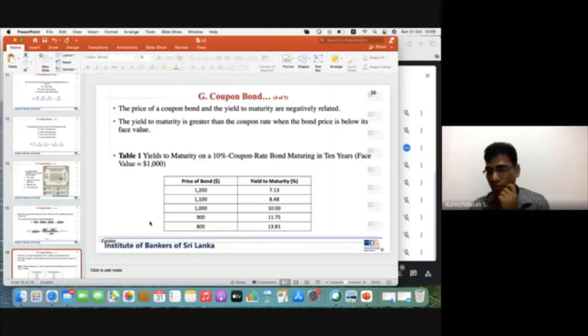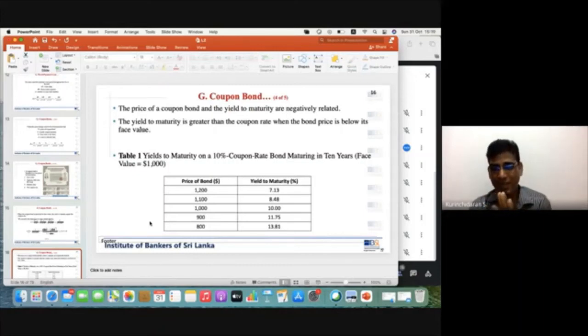Anybody understand what I'm talking about, the trading book? Now you buy a treasury bill or bond, and there's a question whether you are going to keep that bond until maturity or whether you are going to sell it at any time.